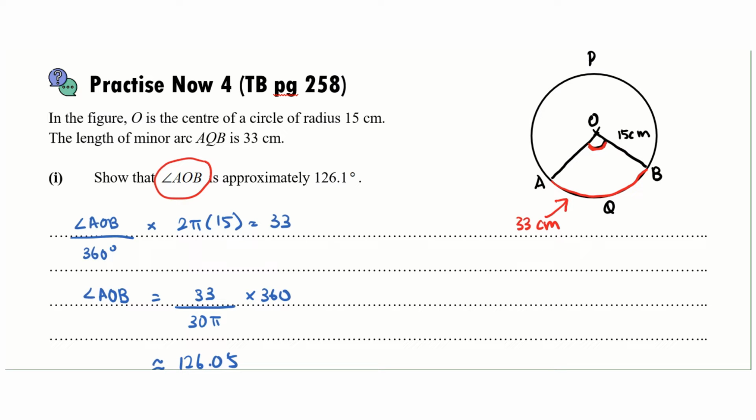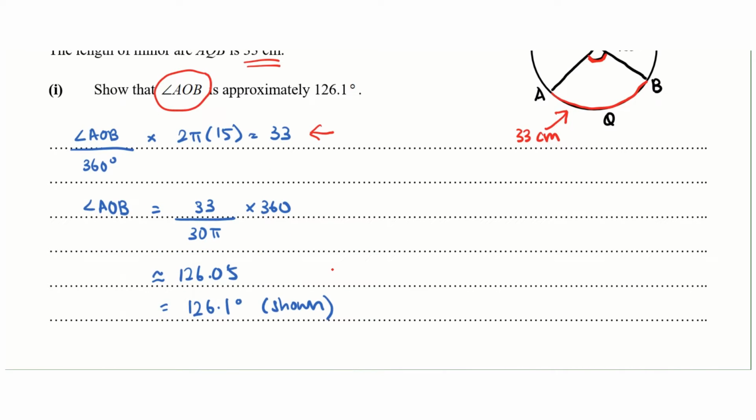To prove that, we will make use of the length of arc given, which is 33. So we form an equation as stated over here. After some manipulation, we arrive at 126.05 truncated to 5 significant figures, and finally 126.1 degrees, which is what we are required to show.